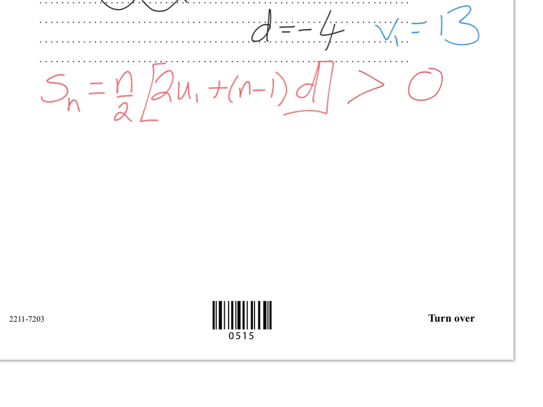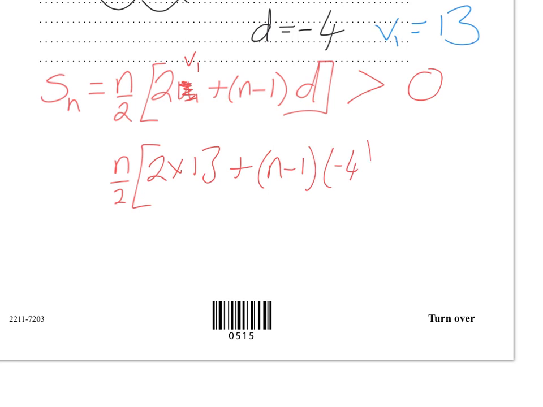So, n over 2, let's substitute in what we know. N over 2 times 2u1. Well, it's not really u1 anymore. It should be v1. So that's 2 times 13 plus n minus 1 times negative 4 is greater than 0.